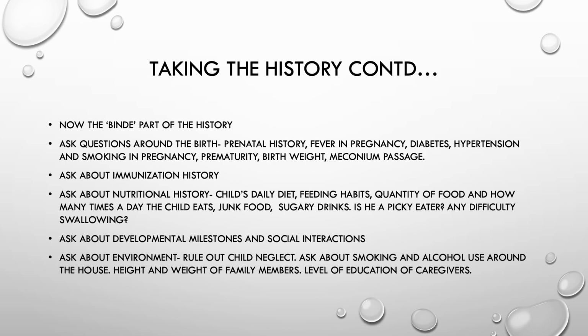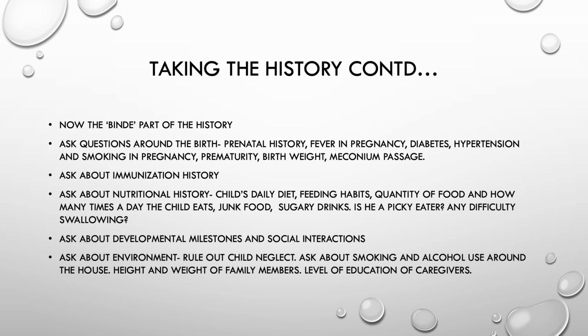Does the child eat junk food, sugar drinks? Is he or she a picky eater? Any difficulty swallowing, to rule out cerebral palsy or any neurologic diseases. So the nutritional history is so important in this case that you do not want to miss any important points.